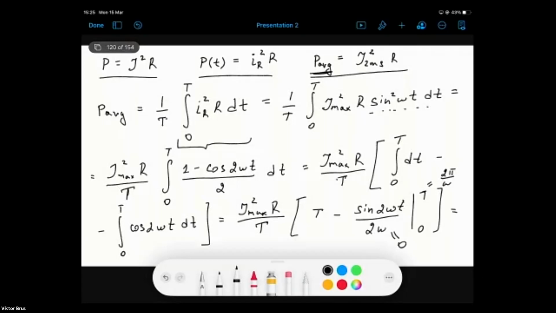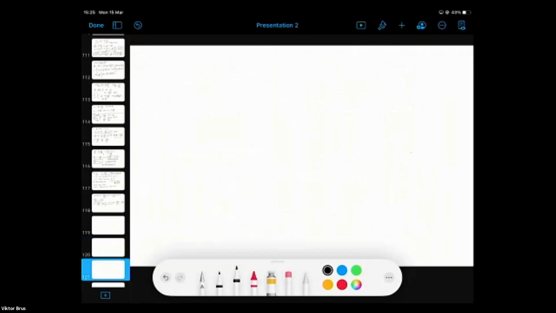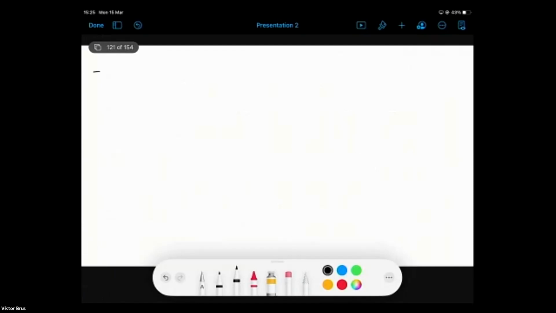And eventually we get the following. Let's go to another slide. So this will be equal to I maximum square times R divided by T, and in the parentheses, which we had previously, there will be just T. So we cancel out this T. Oh, sorry.